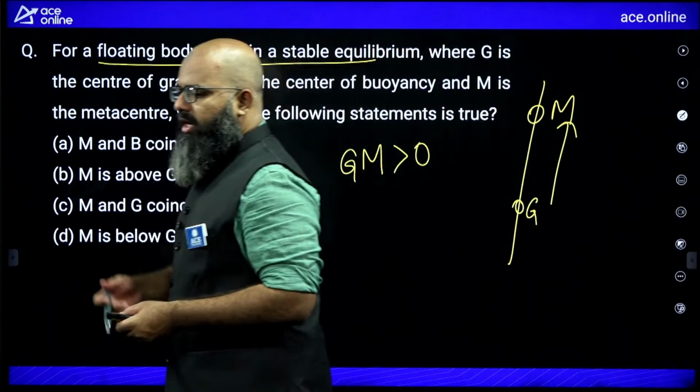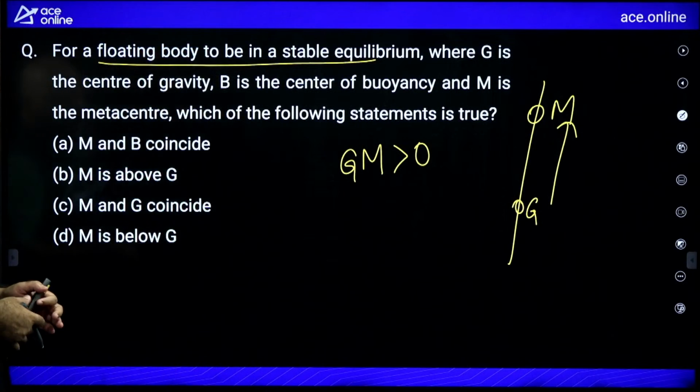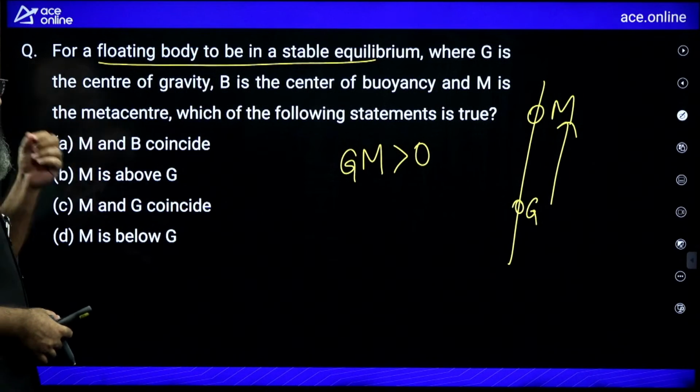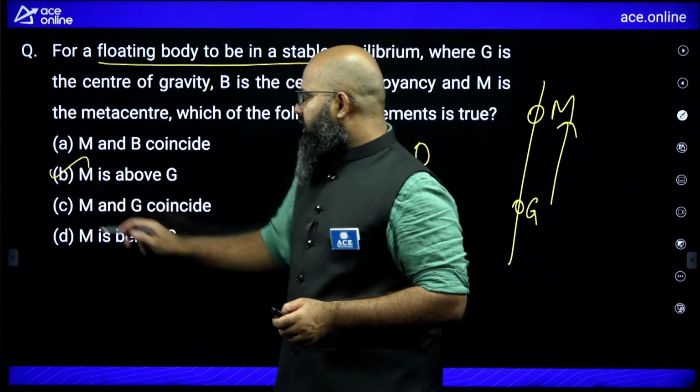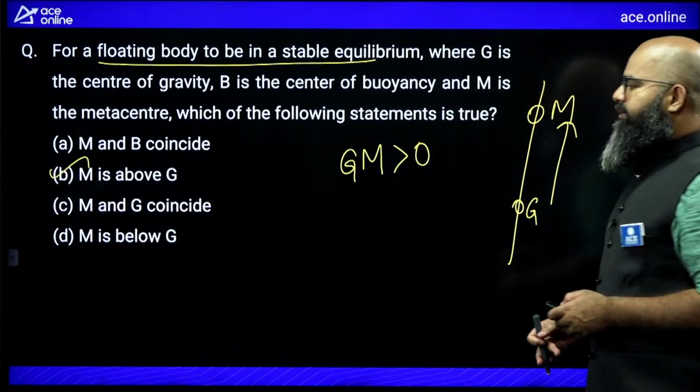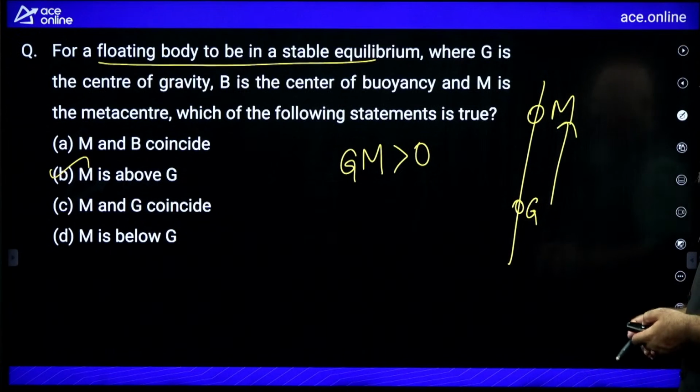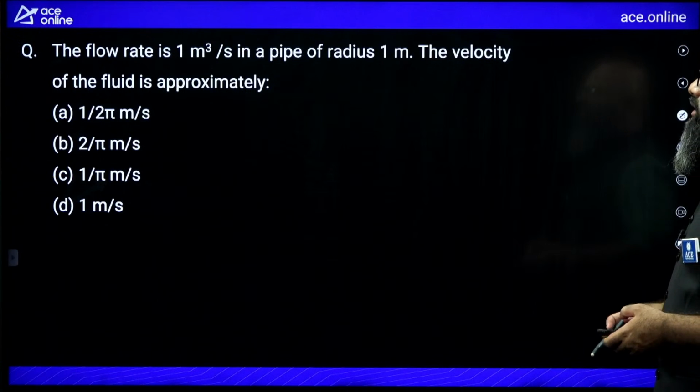So G should be below, M should be above. Let us see what are the options given. M and B coincide, wrong. M is above G, correct. M and G coincide, M is below G, wrong. Option B is correct over here. Very common question. Moving further.